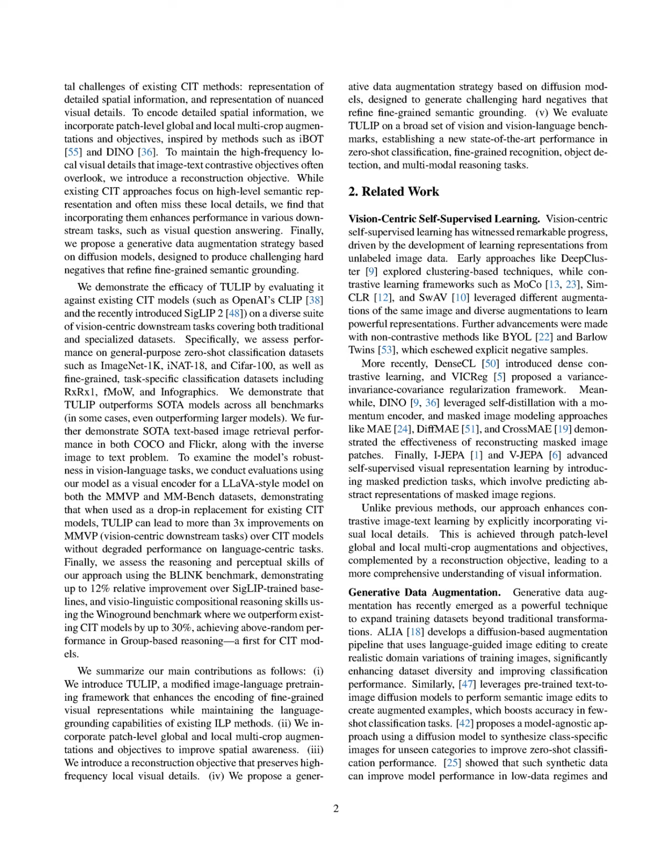Practically, TULIP demonstrates superior performance across various benchmarks, achieving state-of-the-art results in zero-shot classification on datasets like ImageNet 1K, iNat 18, and CIFAR 100, as well as fine-grained recognition tasks on datasets such as RxRx1 and FMoW.